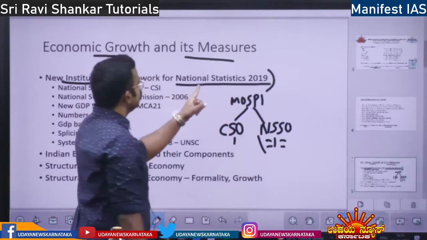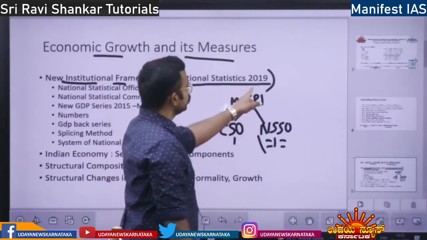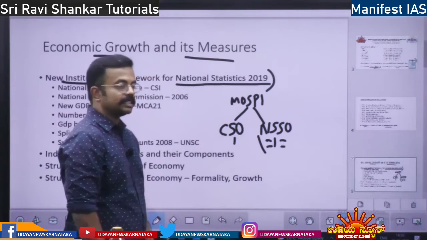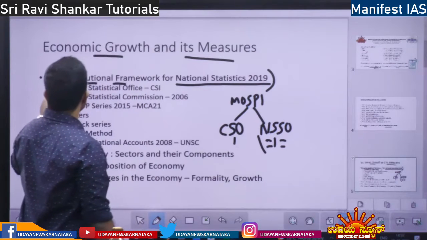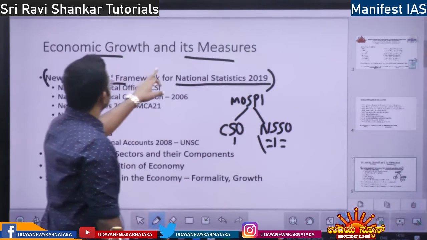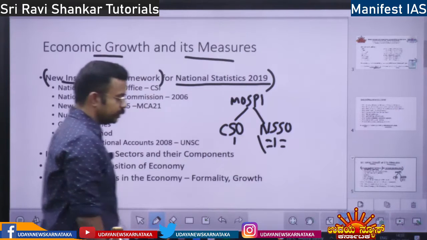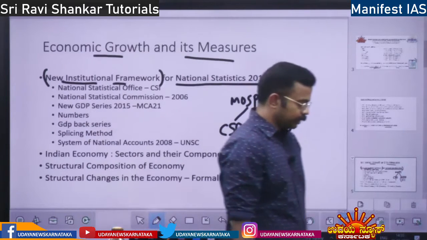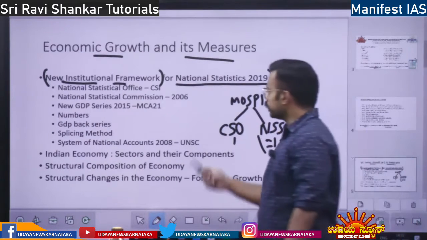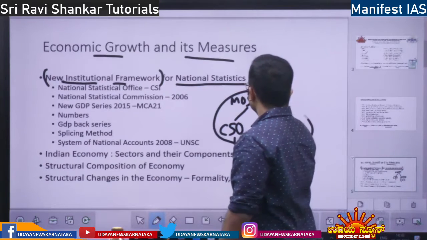So in 2019, there happened a change. What is that change? Government gave a new institutional framework. Institution, you know what is institution. Whatever the organization was there, this was revamped.